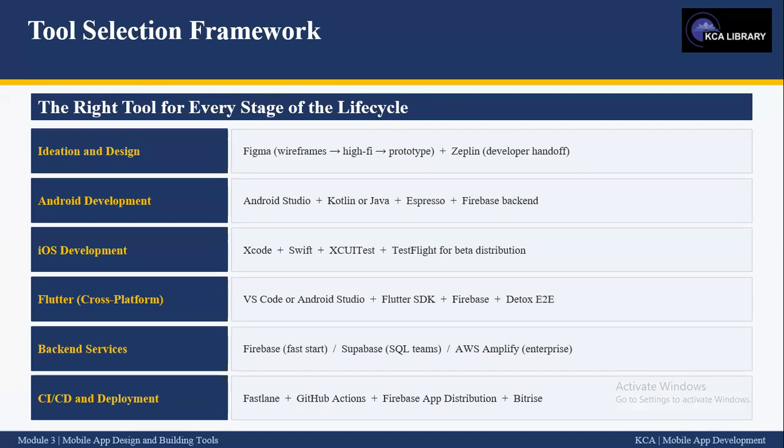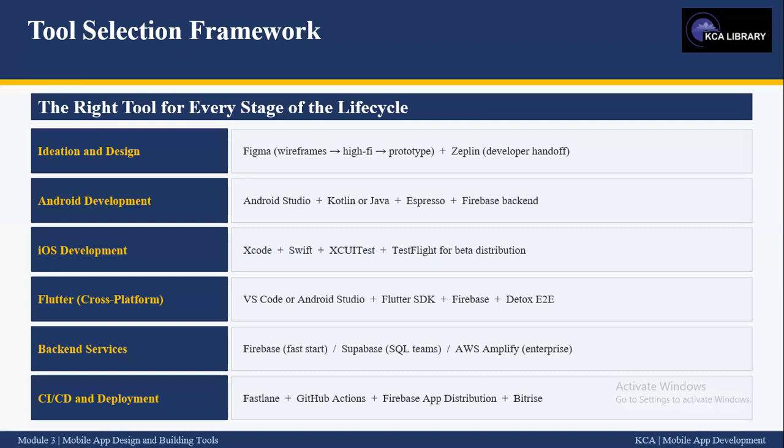Android development: Android Studio plus Kotlin or Java, plus Espresso, plus Firebase backend. iOS development: Xcode plus Swift, plus XCUITest, plus TestFlight for beta distribution. Flutter cross-platform: VS Code or Android Studio plus Flutter SDK plus Firebase plus Detox E2E. Backend services: Firebase for fast start, Supabase for SQL teams, AWS Amplify for enterprise.